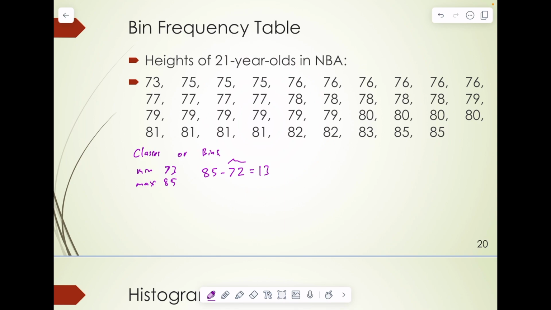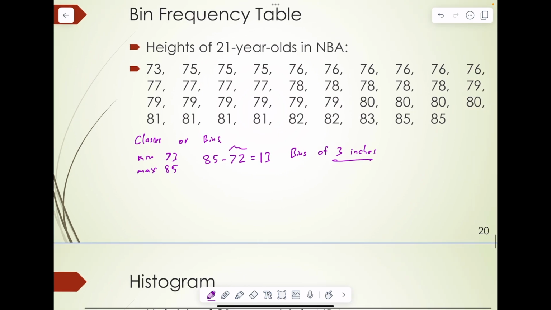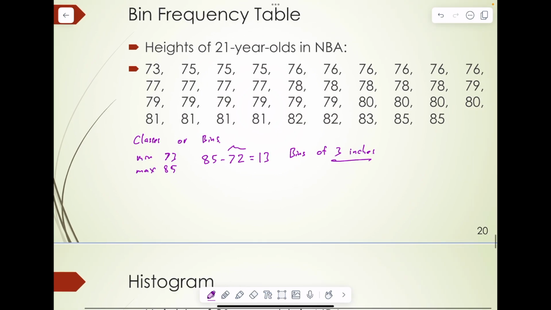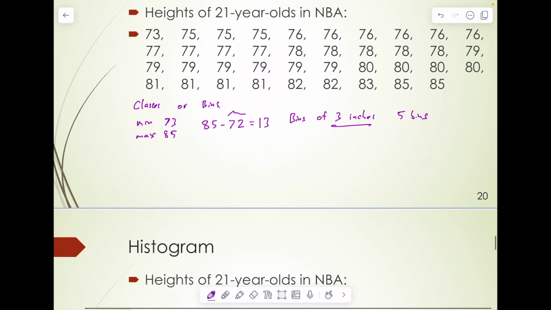So there's a maximum of 13 different numbers in this data. And so I'm going to want to divide this into bins of 3 inches, which will basically mean 5 bins. 4 bins will have 3 possible heights in it, and then 1 bin will have just 1 possible height in it. That's the 85. Okay, so let's go from there.